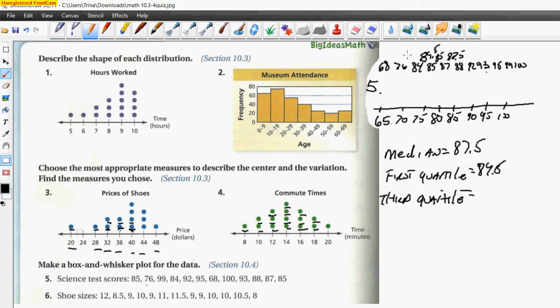We have what? 100, 99, 95, 93, 92, 88. So we know that the third quartile is going to be between the actual what? 93 and 95. So if we divide that, 93 and 95, we come up with our third and final quartile, which is 94.